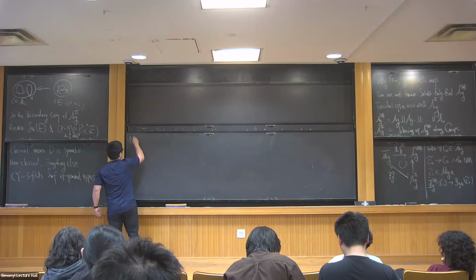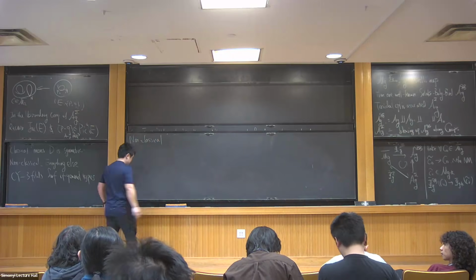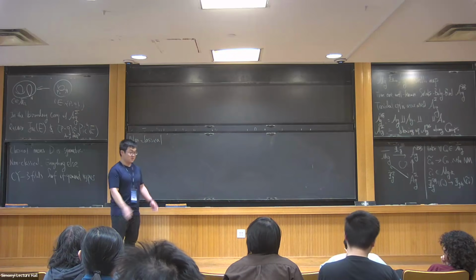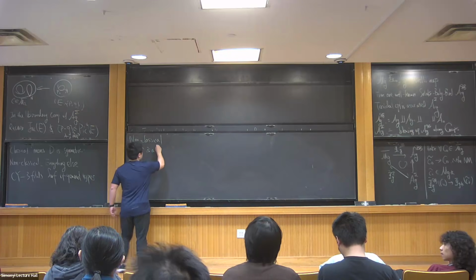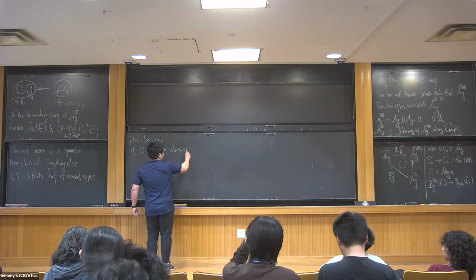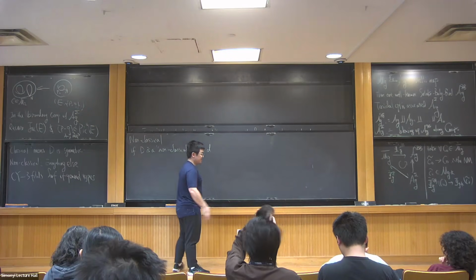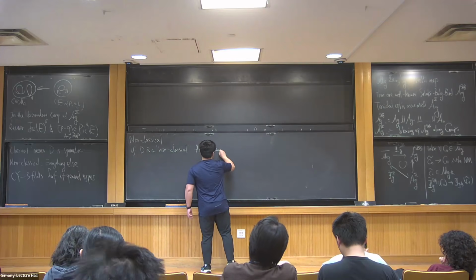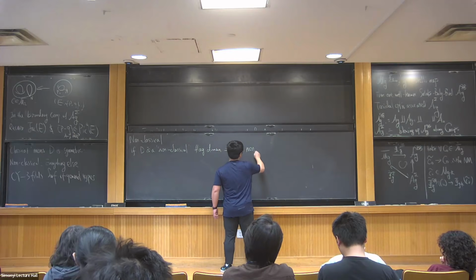So for the non-classical case, maybe this is a classical result if you study the parabolic geometry: if D is a non-classical flag domain, where non-classical means it does not have a fiber structure over some Hermitian symmetric domain, then there are no non-constant holomorphic functions.